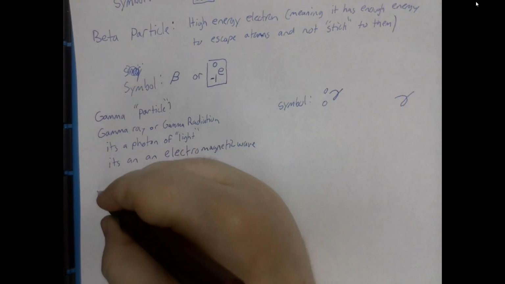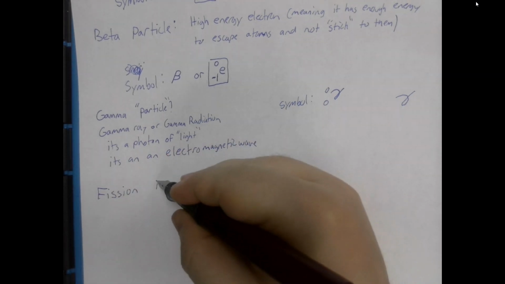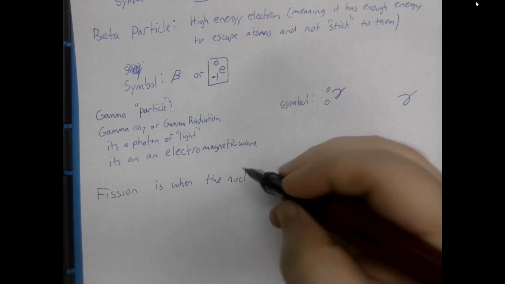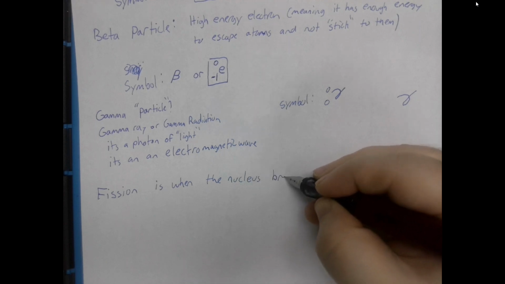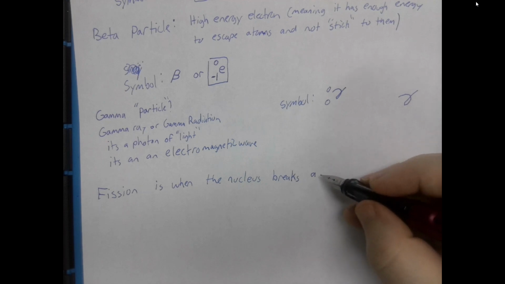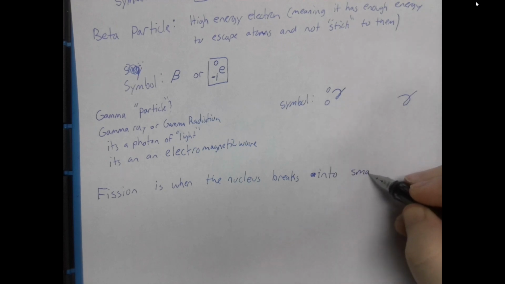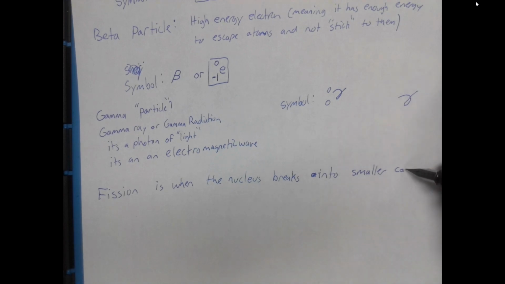We have fission and fusion. Fission is when the nucleus breaks apart. Actually, it breaks into smaller components, fragments.